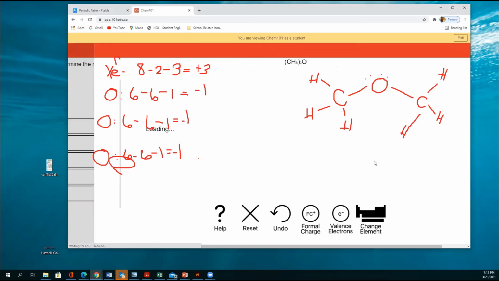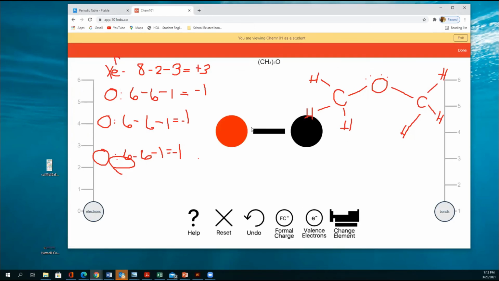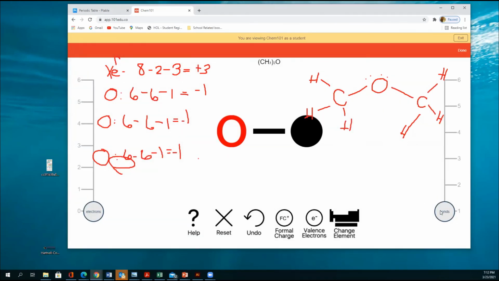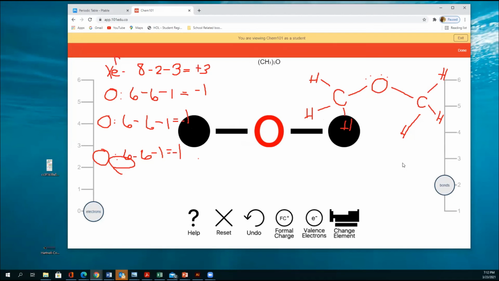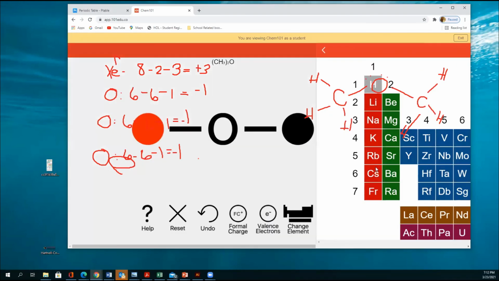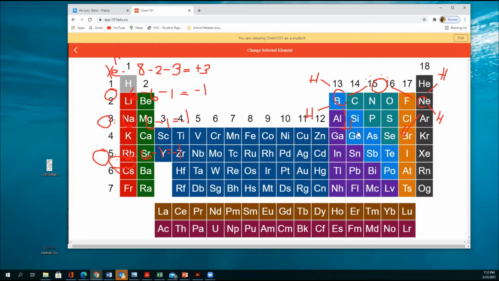So how would I draw that structure? Okay, so I'm going to put my oxygen here. It's going to have a bond. That's going to be a carbon, and this one's going to be a carbon.